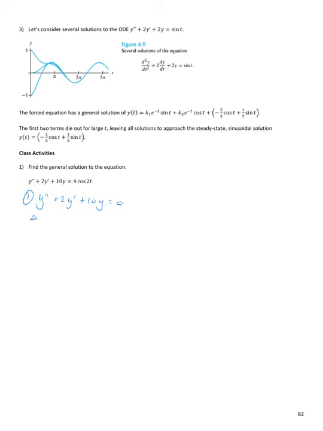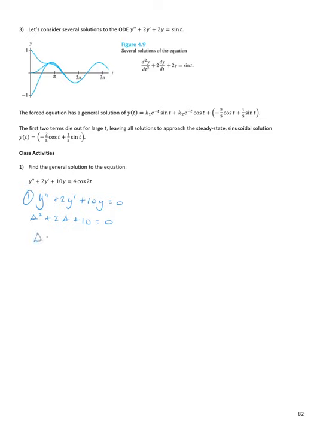The characteristic equation will be s squared plus 2s plus 10 equals 0. And that would factor to s. Right, this actually does not factor. So I need to solve for s using the quadratic formula.